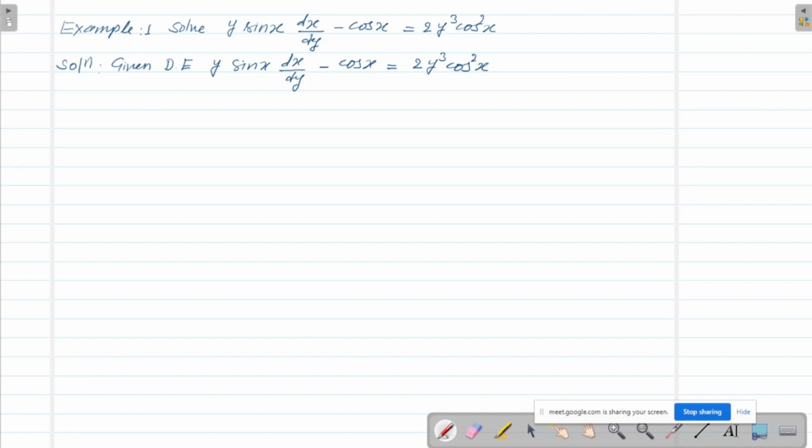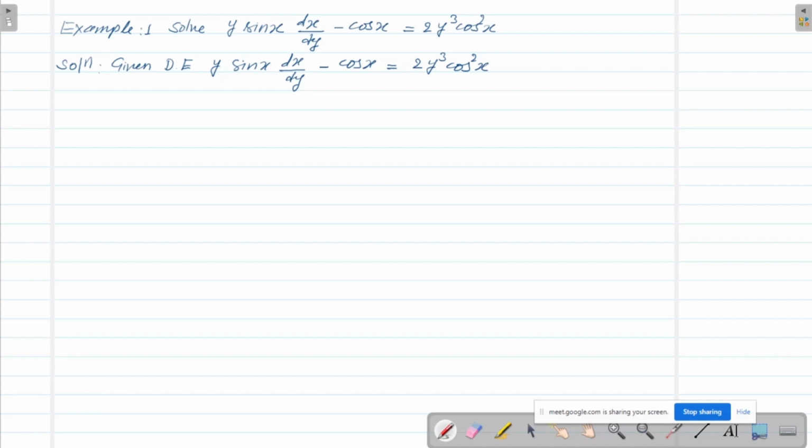Now see here, before finding the solution, we first observe the given differential equation. We want the right hand side to be functions of y only. But here, just observe, there is a function of x also. So we want to remove the functions of x and keep only functions of y.